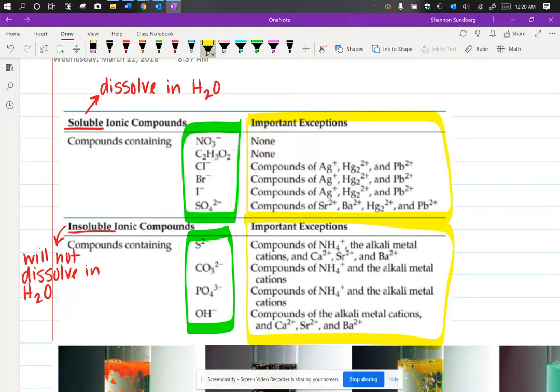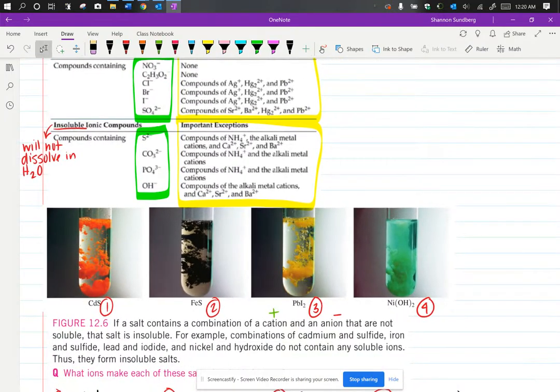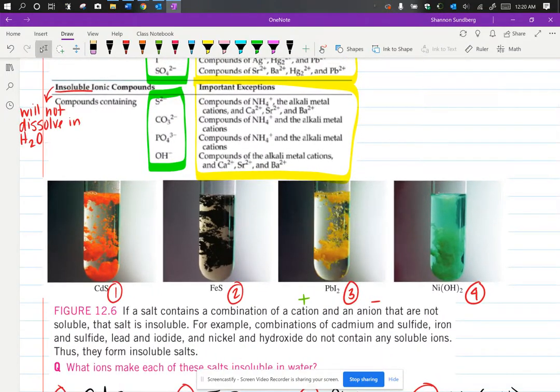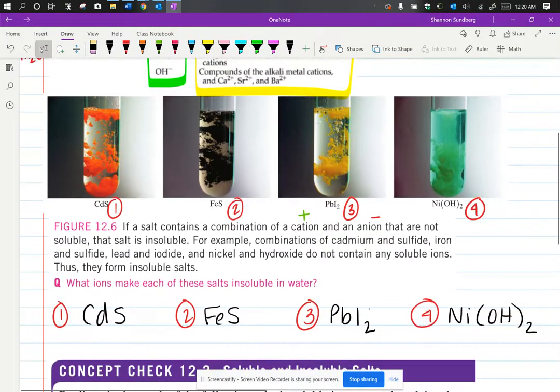All right, so let's check out these pretty test tubes here filled with colorful chunks of stuff. It says, figure 12.6, if a salt contains a combination of a cation, remember cations are positive, and an anion, anions are negative, that are not soluble, that salt is insoluble, meaning it won't dissolve.